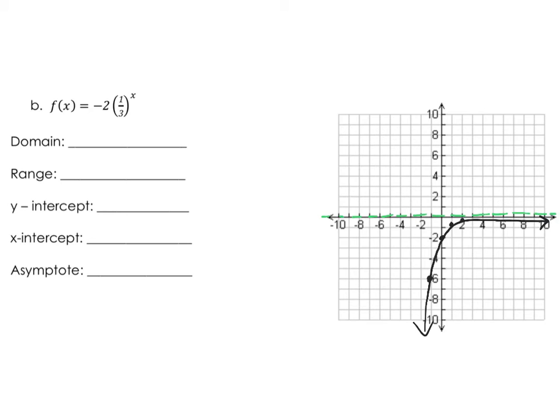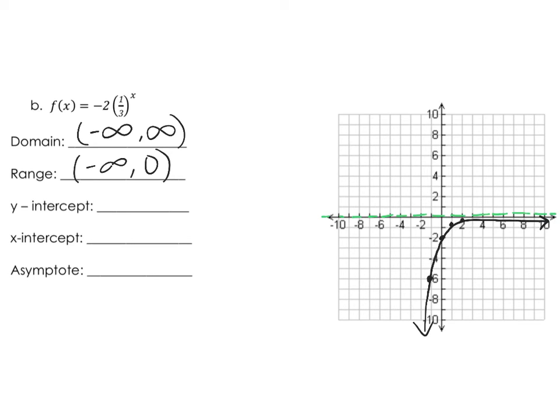So the very first thing that we touch for domain is an arrow. So we're going from negative infinity, and the last thing we touch is an arrow, so we're going to positive infinity. After that, our range, the very first thing we touch down below is an arrow, so we're going from negative infinity, and the last thing we touch is our asymptote, which was at 0, and we weren't actually touching it, so we're going to use that parentheses.